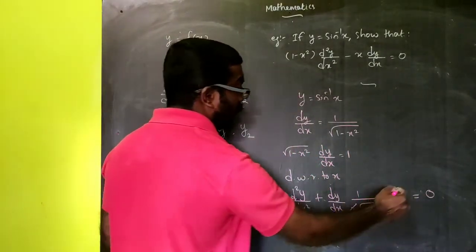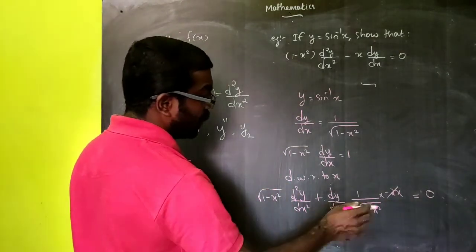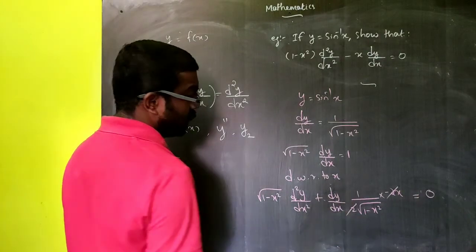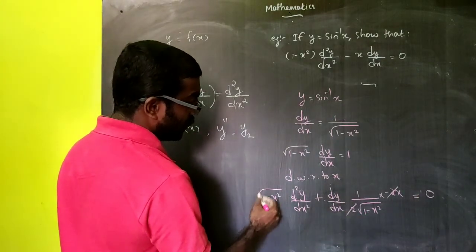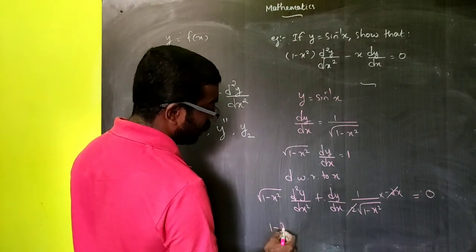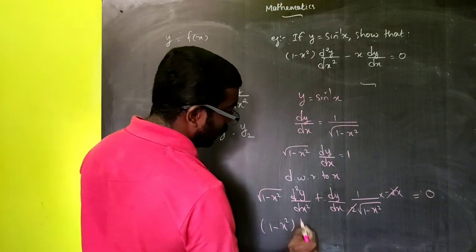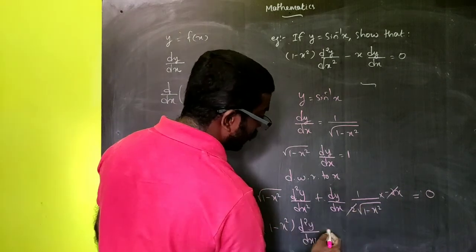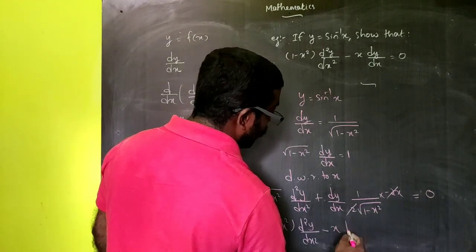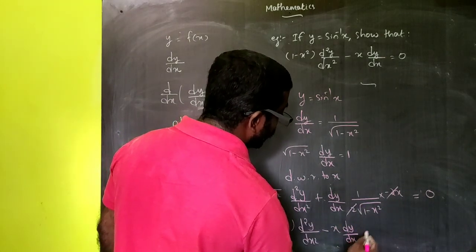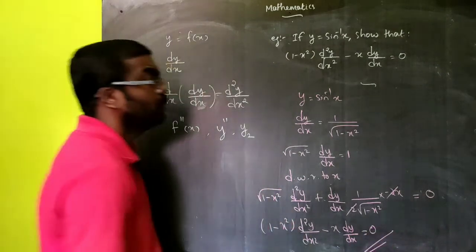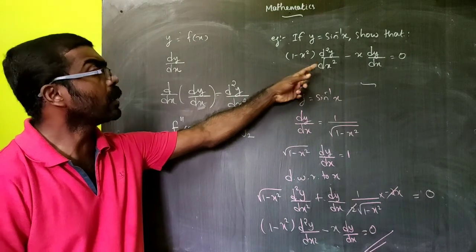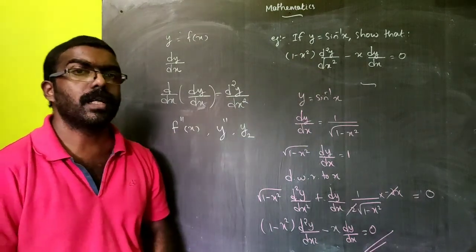Here 2 and 2 we can cancel, and we can multiply throughout by root 1 minus x square. Root 1 minus x square into root 1 minus x square, we get 1 minus x square into d square y by dx square, plus into minus minus, here x into dy by dx, which is equal to 0. That we have to prove. So (1 minus x square) into d square y by dx square minus x into dy by dx is equal to 0.